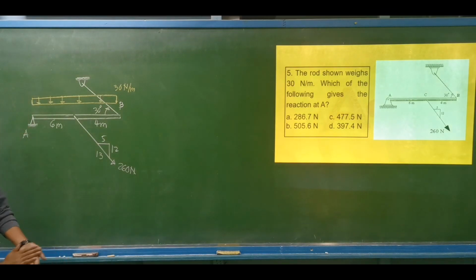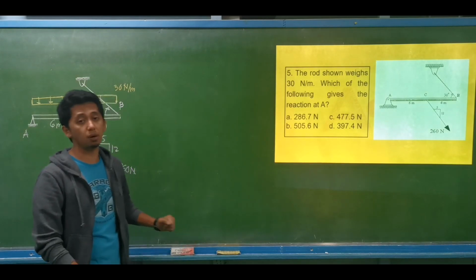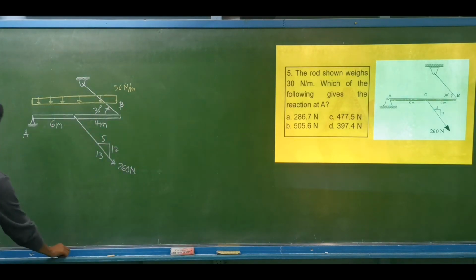Which of the following gives the reaction at A? Is it the horizontal reaction or the vertical reaction? We are to include both. So let's say this is the vertical reaction, A vertical, and I'll be assuming that the horizontal is to the right, A horizontal.